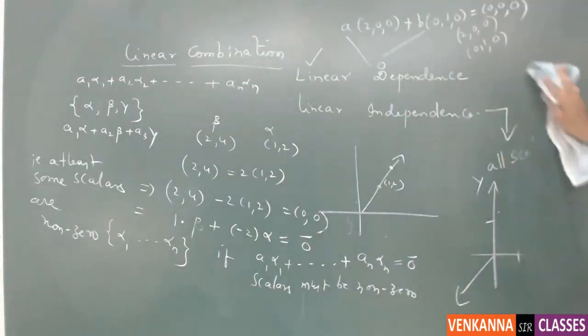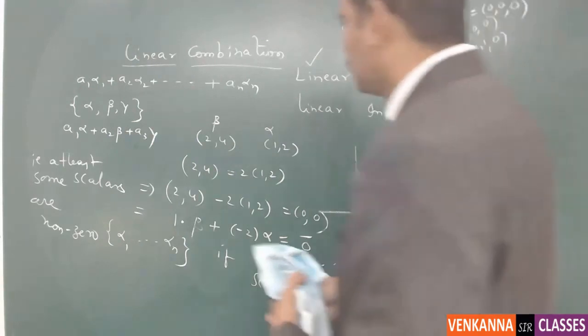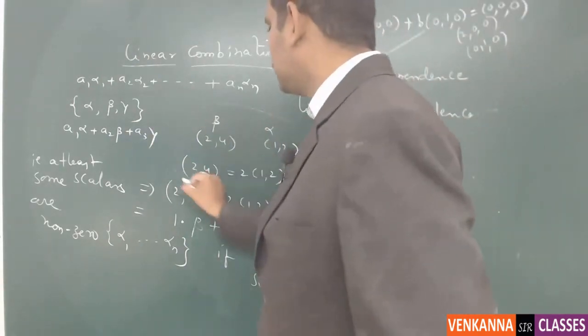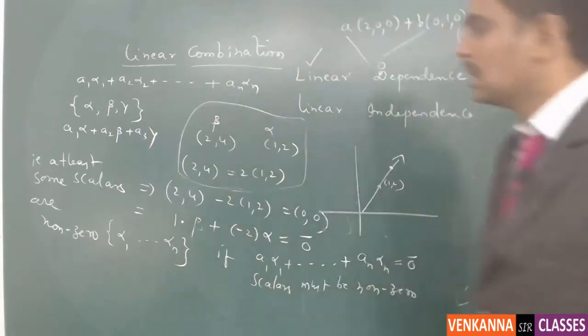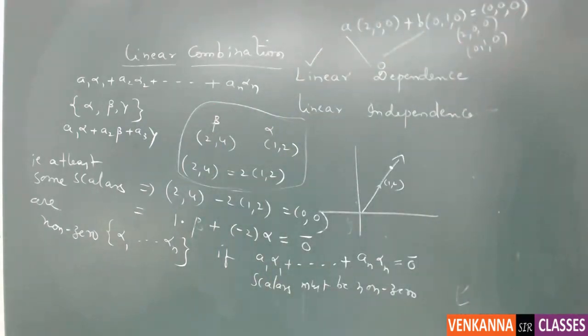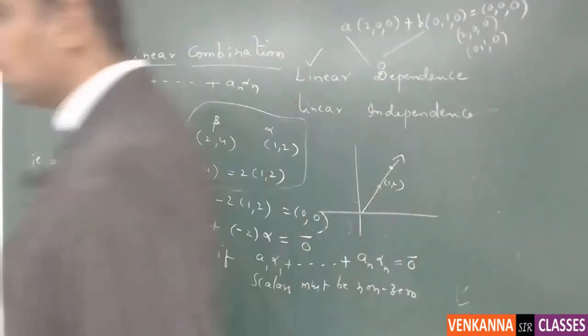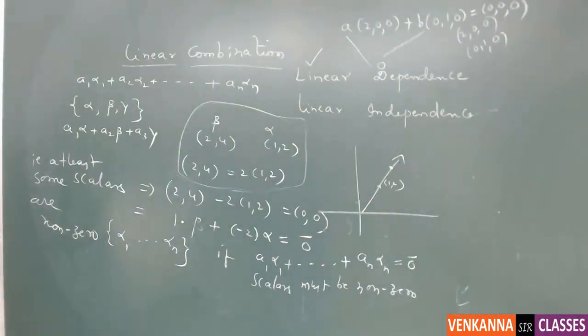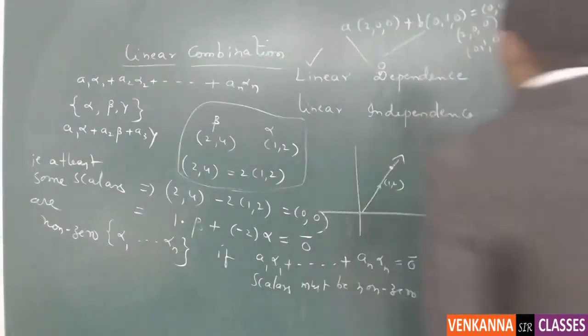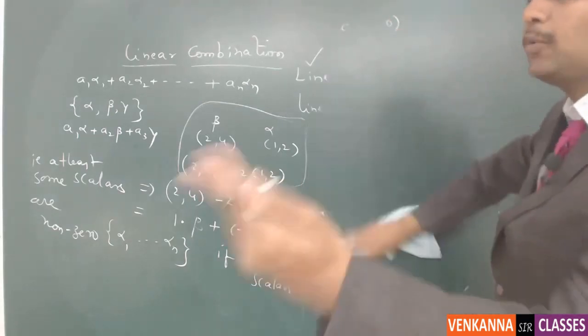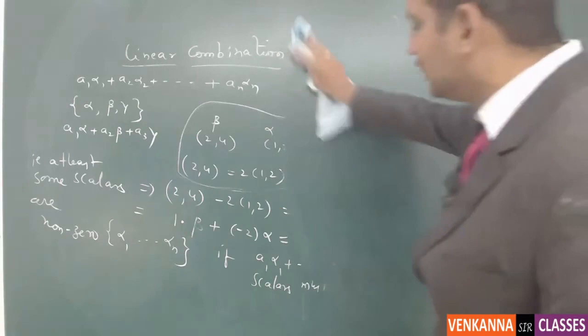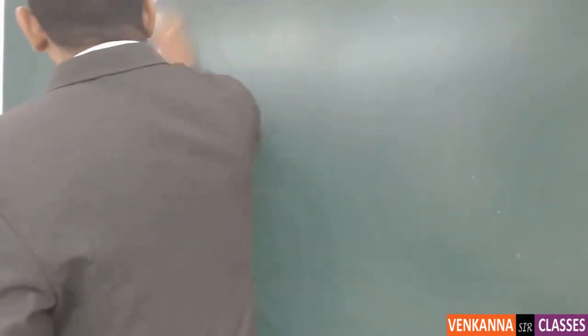So from this result also you can observe that whenever you take a set having only two vectors, if you say that the set is linearly dependent, then among the two vectors, one vector is a multiple of the other. So a scalar multiple of the other.